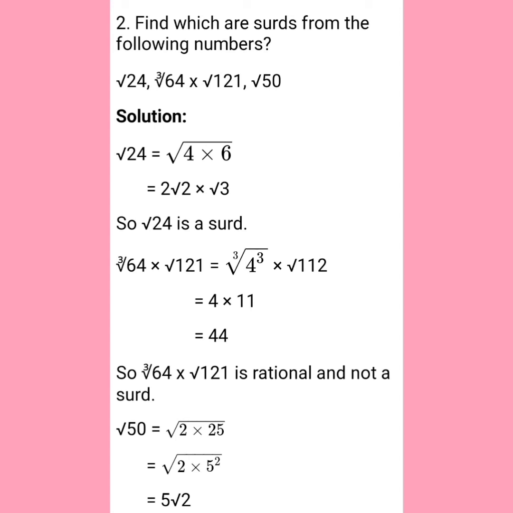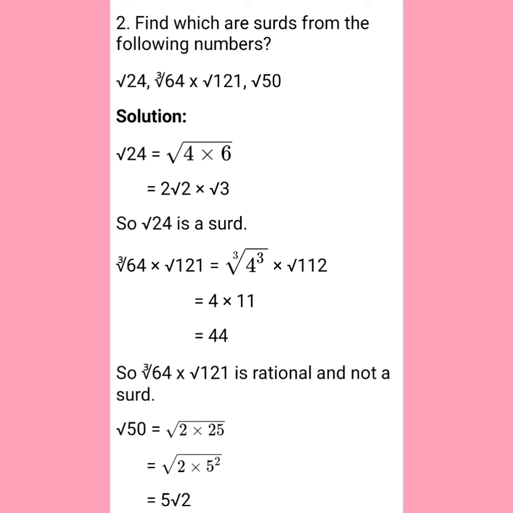Say the first number is square root of 24. The second number is cube root of 64 into square root of 121, and the third number is square root of 50. Now the solution. Square root of 24 can be written as square root of 4 into 6.